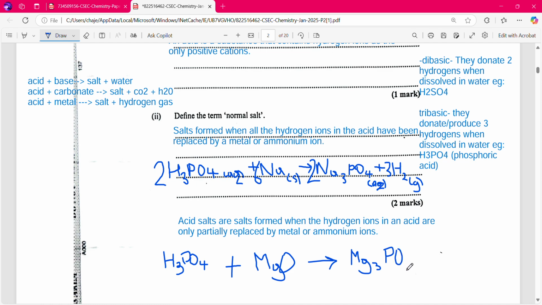Yes, it would. Thank you, Ranil. Because magnesium has a 2 plus charge, you know. That's magnesium, Mg2 plus. PO4 is 3 minus.